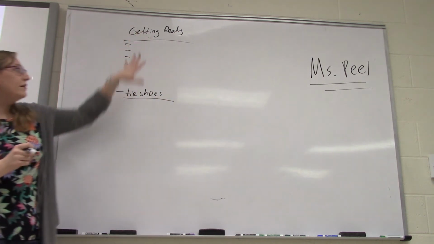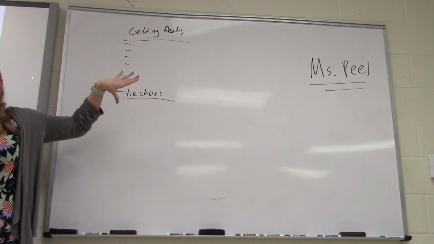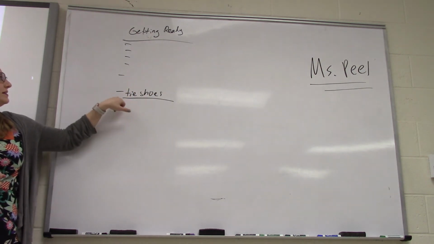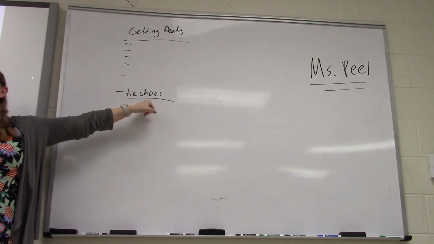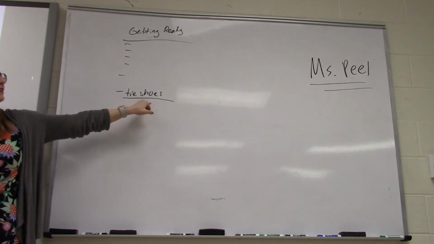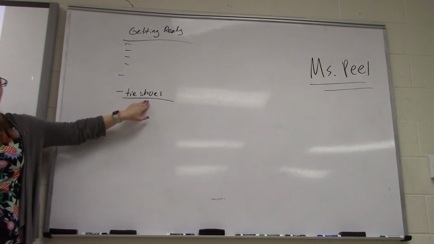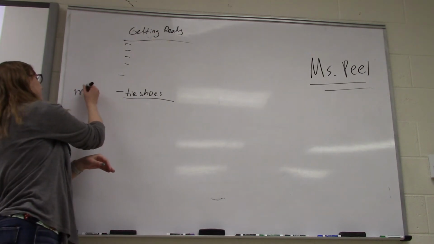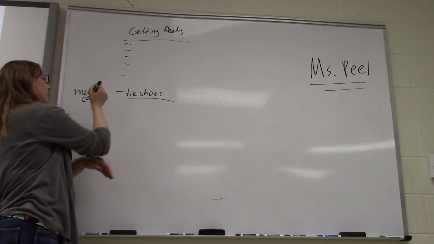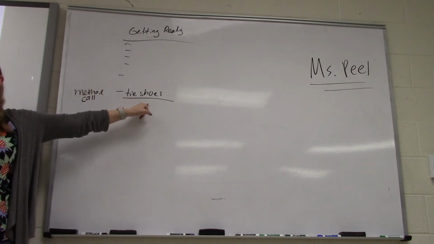So this algorithm here is equivalent to the main algorithm, the blocks that you put in the main in your Lightbot. Then when we get down to our tie shoes, this is like the P1 block. So the tie shoes is the title of that method. So here we're calling the method. So we'll just label it method call. Alright, so this is where we call the method.